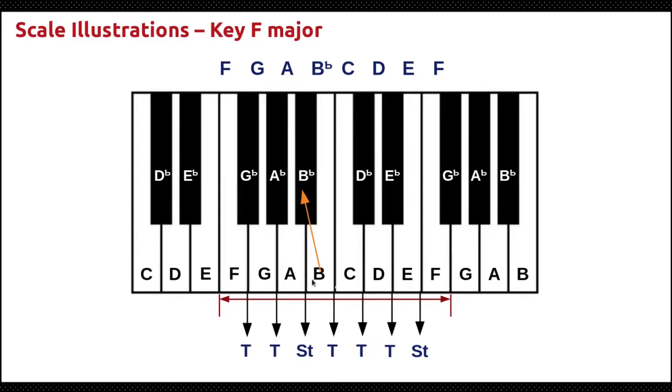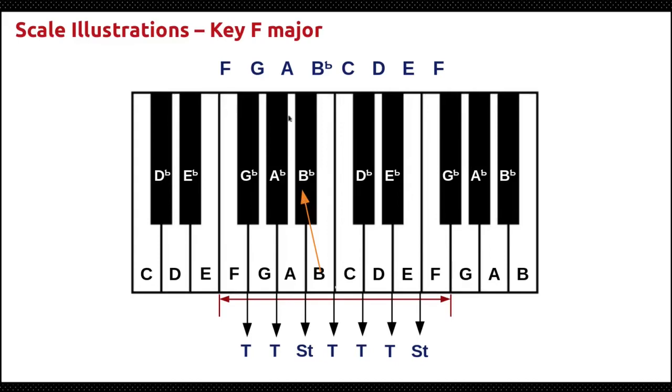So instead of going from A to B, which is naturally a whole step, we move from A to B flat. That is why you see this arrow pointing backwards, that we don't jump from A to B because we want to get a half step, we move to B flat. Can you see that? So from A to B flat is a semitone. So the flat was placed on B to tell you that we lowered this movement by a flat.